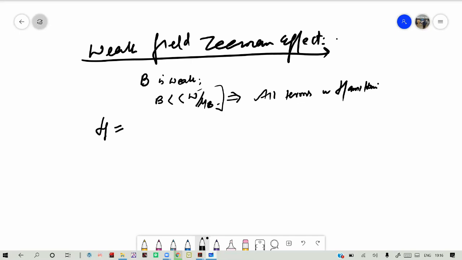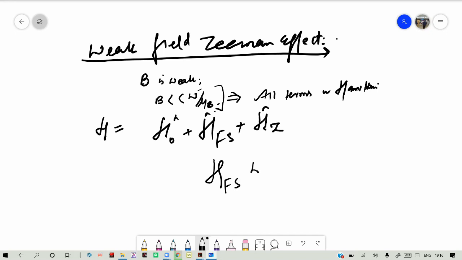Yes sir. So H will be given by H naught plus H_FS plus H_Z. So all the interactions will be included. But this H_FS will be the dominant term.